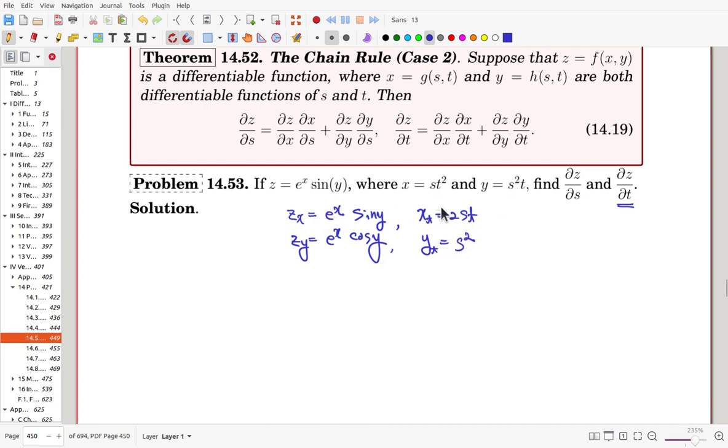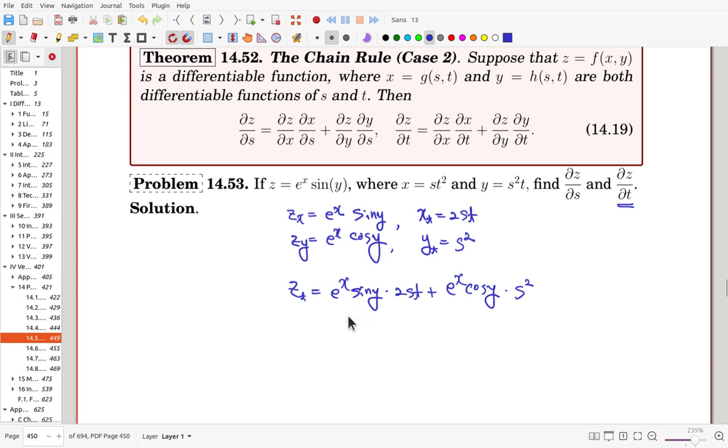So this product plus that product is the result. So z sub t is the same as this product, e to the x sine y, times 2st plus this one, e to the x cosine y, times s squared.